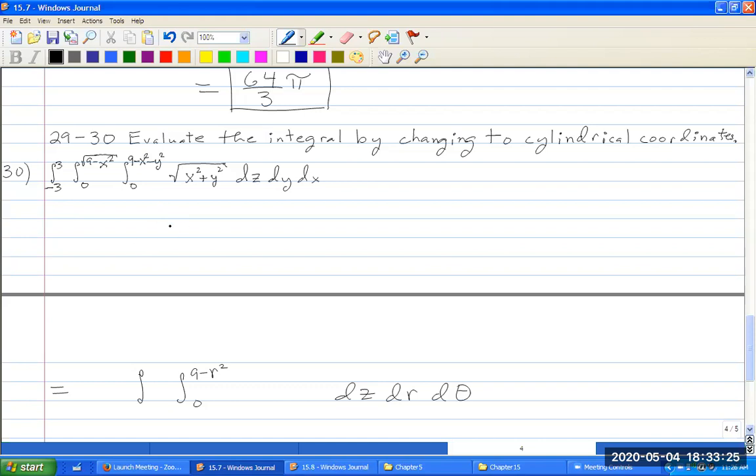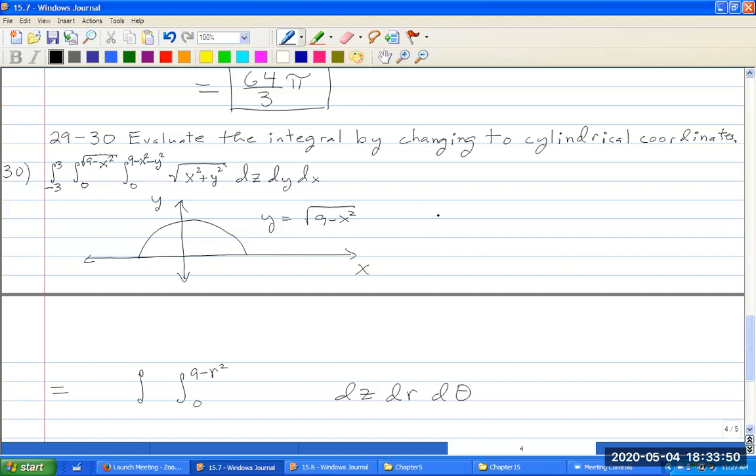So if I look here at my projection, y goes from 0 to the square root of 9 minus x squared.